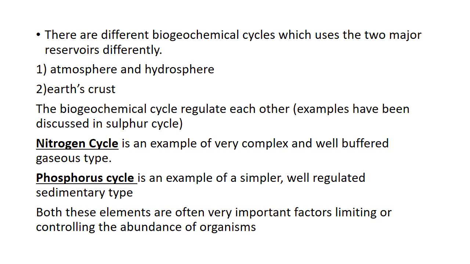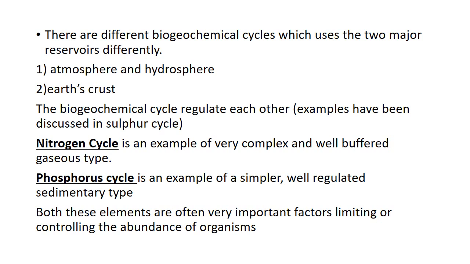The biogeochemical cycles regulate each other, and examples of this interaction have been discussed in the sulfur cycle. Nitrogen cycle is an example of a very complex and well buffered gaseous type. Phosphorus cycle is an example of a simpler, well regulated sedimentary type.